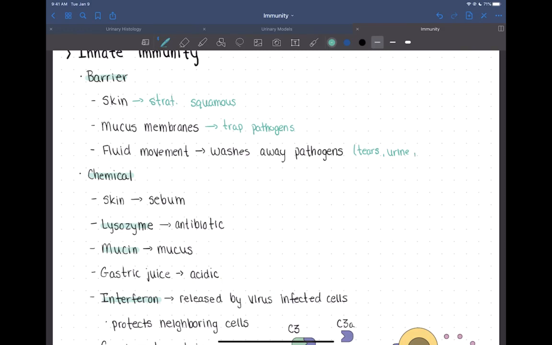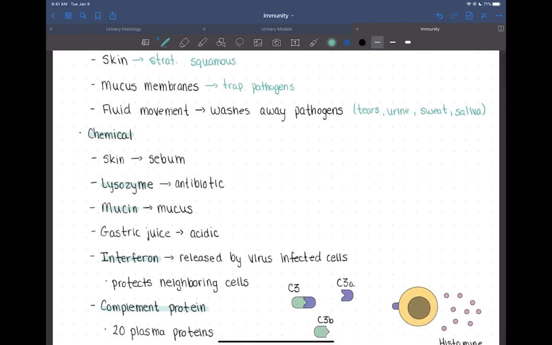What else? Tears, we said. Sweat actually also, to an extent, kind of has a fluid movement effect. Saliva does as well. And then there are also going to be some chemical components we'll talk about in a lot of those things that help to fight bacteria as well. But just the physical washing of those fluids helps to prevent infection and remove pathogens.